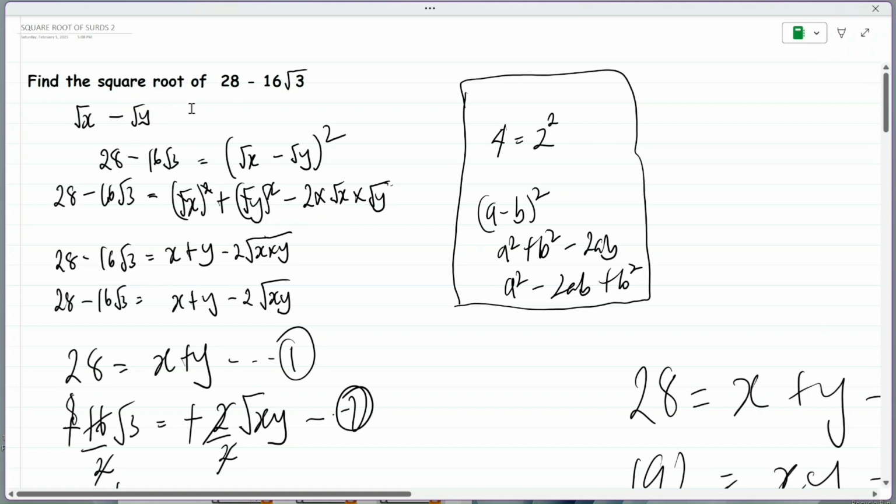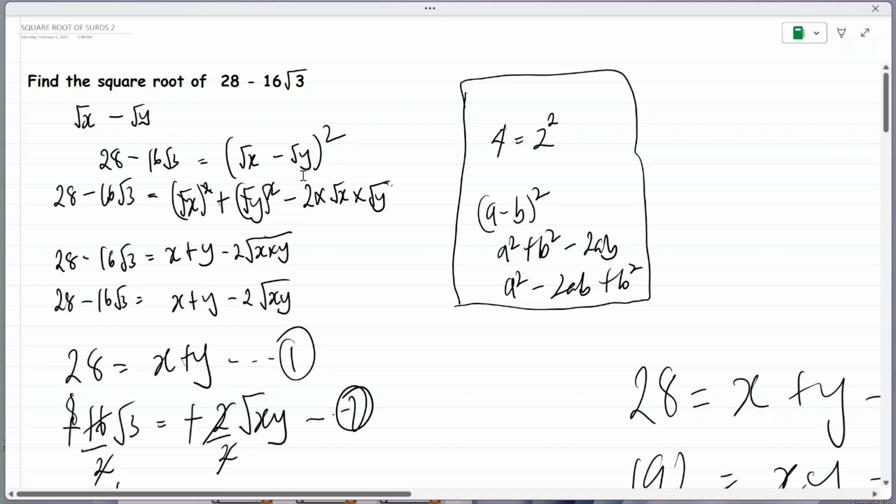The question says find the square root of 28 minus 16 root 3. First, we assume that the square root of 28 minus 16 root 3 is square root of x minus square root of y. Watch, we changed it to negative here because we have a negative here. Next, we equated the surds to its square root, squaring the assumed square root.